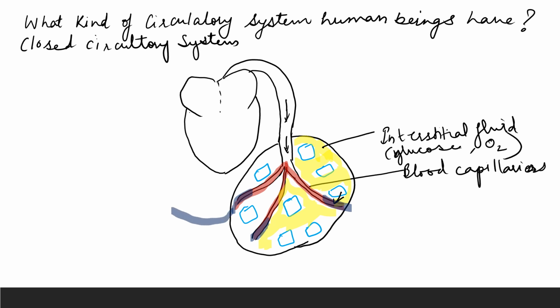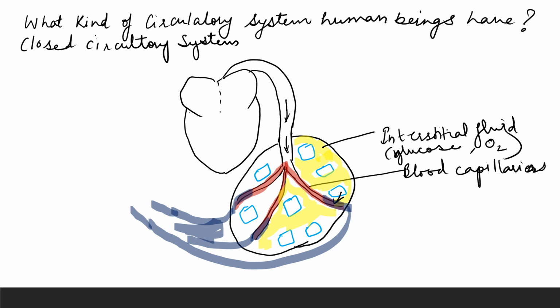And from these capillaries, this whole fluid is going out, and this is a deoxygenated blood, right? This vessel is known as vein, and this deoxygenated blood will again go back to the heart for the oxygenation.